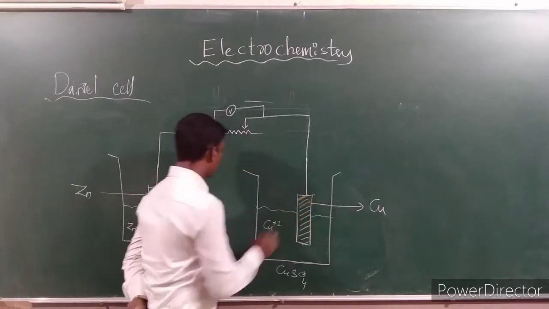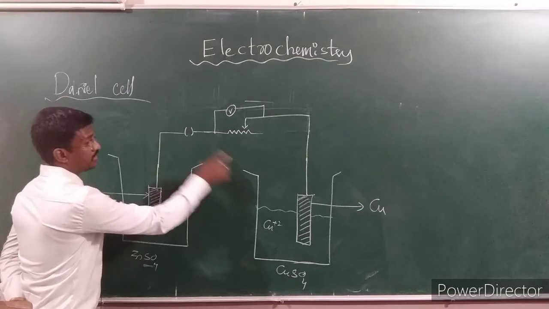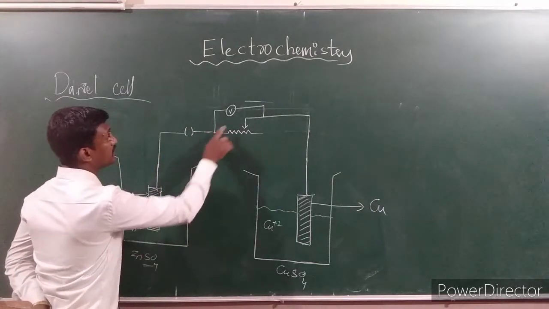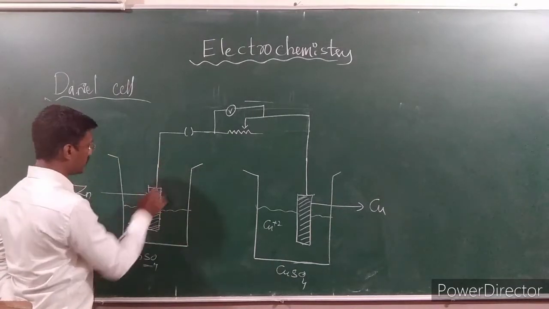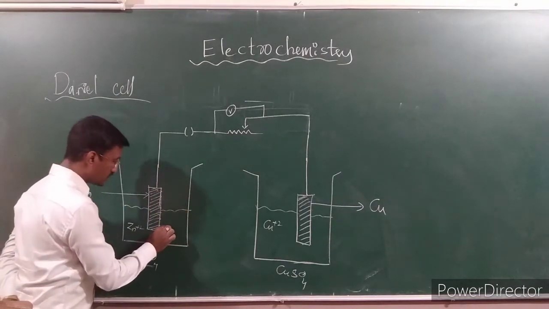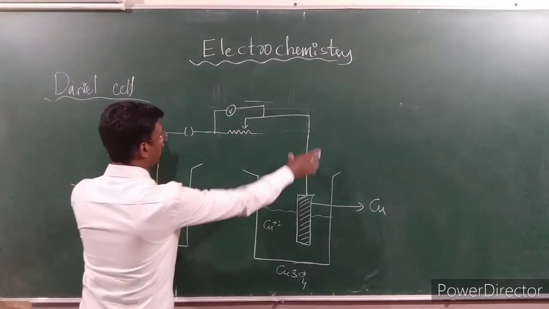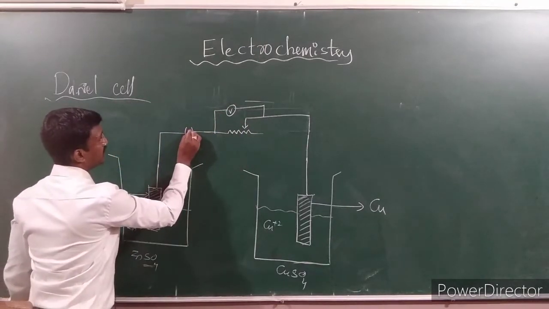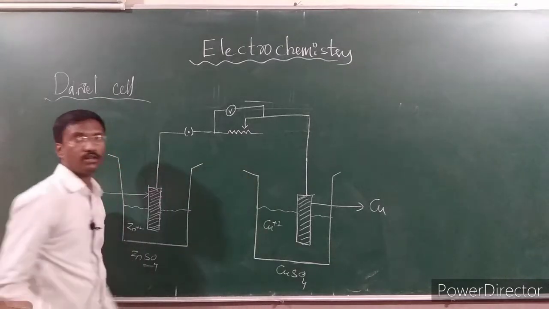Here the zinc is connected to the copper. The zinc rod is connected to the copper externally through a wire. It's not directly connected, it's connected externally. This beaker contains the zinc solution, this beaker contains the copper solution, and these rods are connected externally through an electrical wire containing a plug key and a variable voltage.